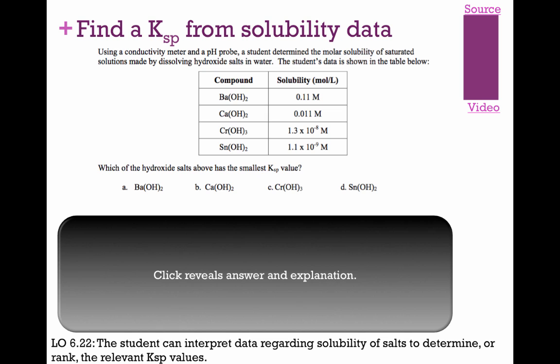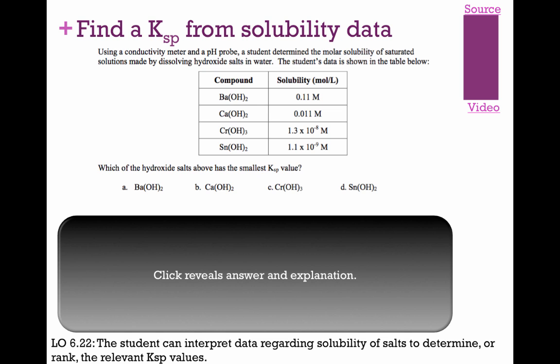Always, always, always write your Ksp expressions first, because Ksp is where people tend to forget the exponents the most. How will I write my Ksp expression? The concentration of Ba2+ times the concentration of OH minus squared. Then we can plug our numbers in: 0.11 times 0.22 squared. That'll let me find Ksp.